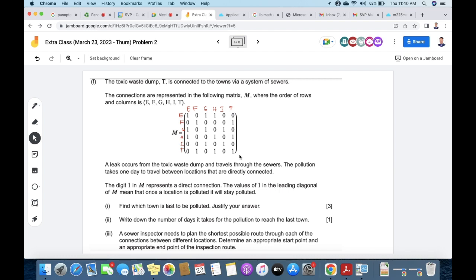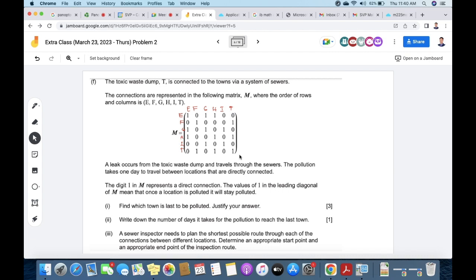Where is the pollution coming from? Is it coming from town E, town F, town G? What's the source of the pollution? Yeah, very good. It's the toxic dump. That's the source of the pollution.